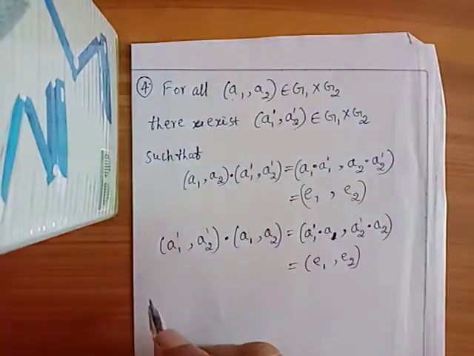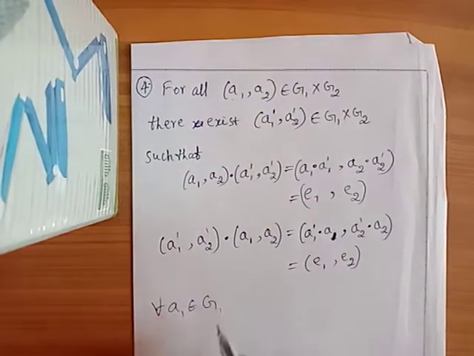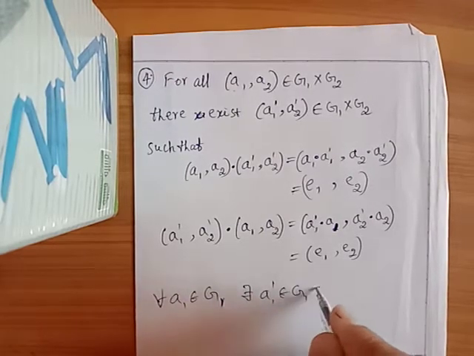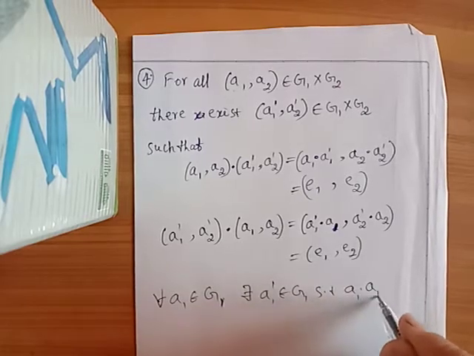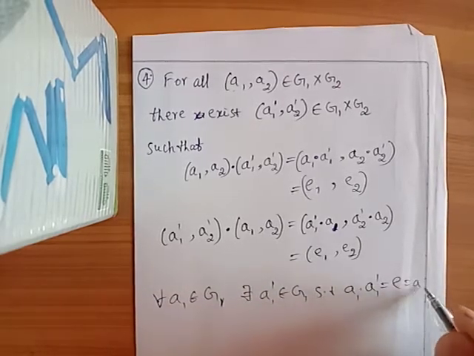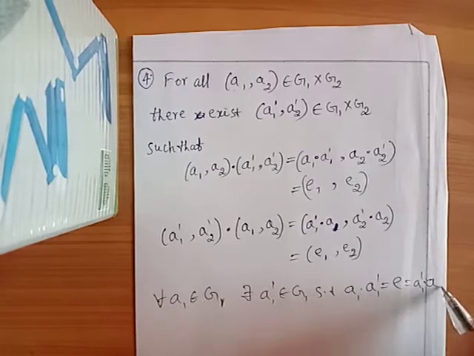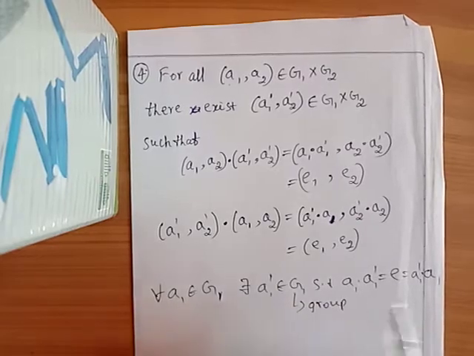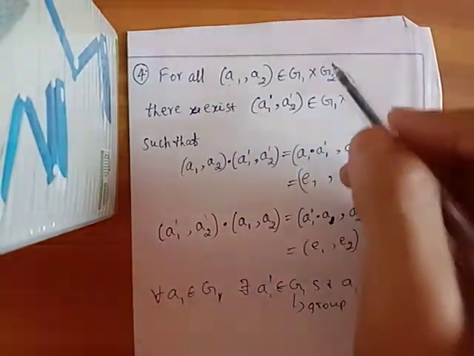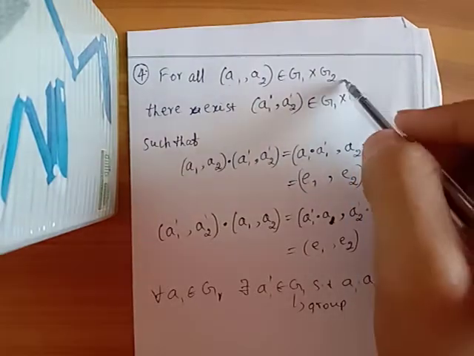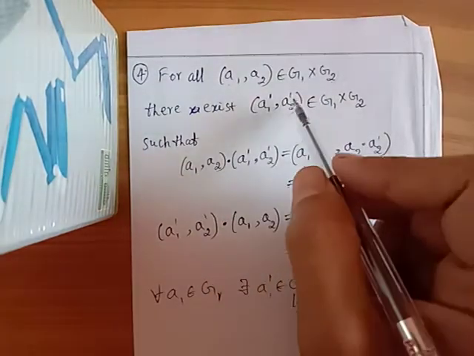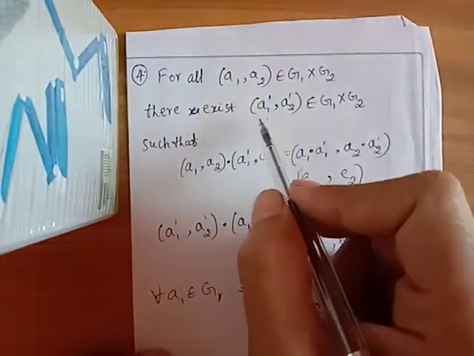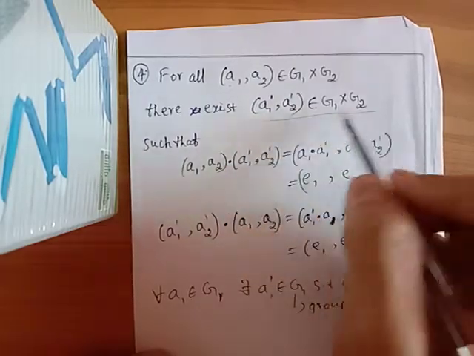For all A1 belongs to G1, there exists A1 dash belongs to G1 such that A1 into A1 dash is equal to E1 is equal to A1 dash into A1, because G1 is a group. By the property of a group, the inverse element exists in G1. Similarly, G2 is also a group, so the inverse element A2 dash exists. So for all (A1, A2) belongs to G1 cross G2, there exists (A1 dash, A2 dash) in this way.